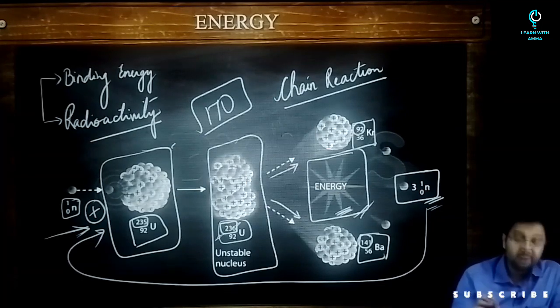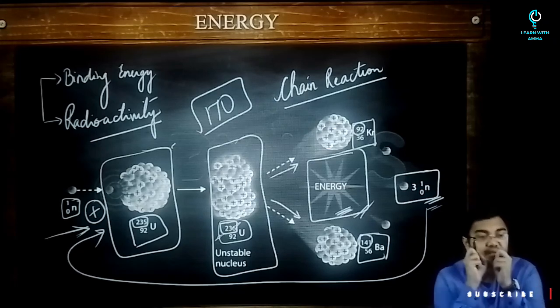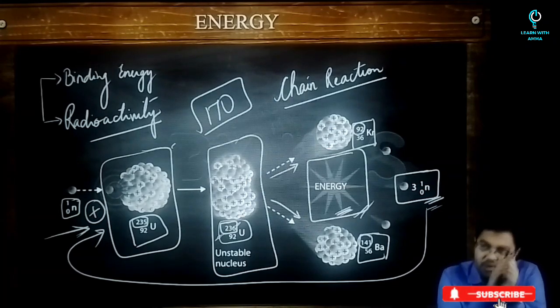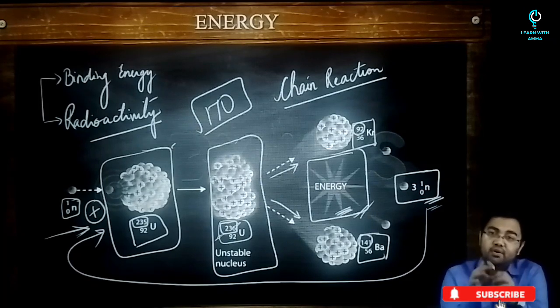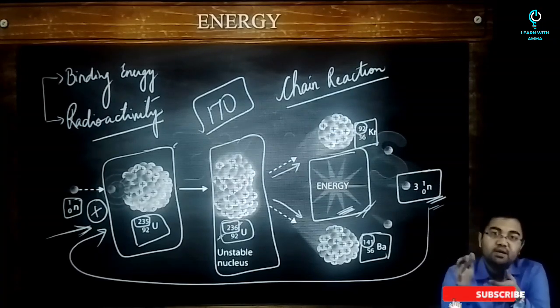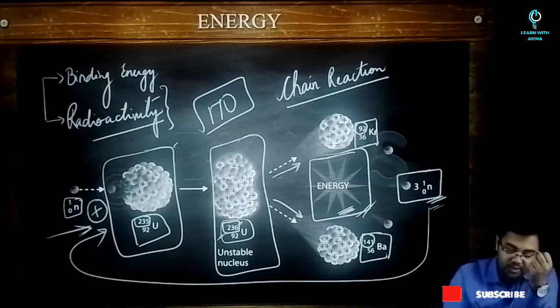Now the natural radioactivity actually does not release a huge amount of energy. Natural radioactivity is happening for all the nuclei which are very heavy, all the radioactive elements, that is the elements that have atomic number more than 83. For all of them, natural radioactivity keeps happening, but this is not a very strong energy.